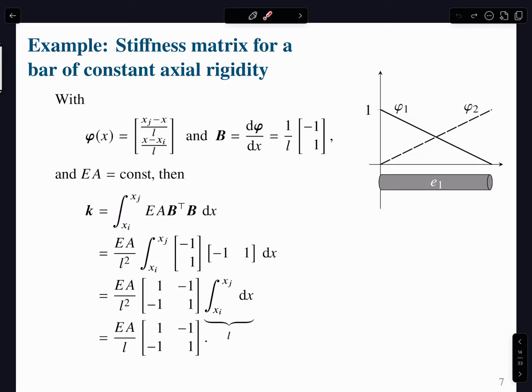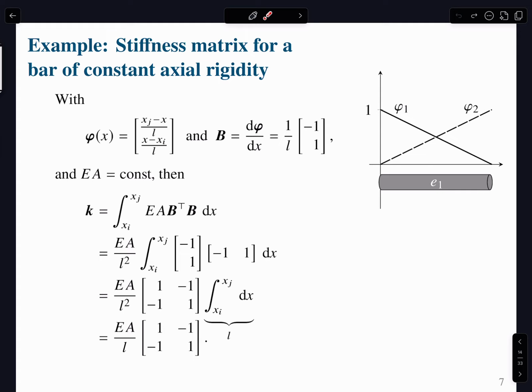A nice thing about being able to visualize this is, of course, I can now plug in anything I want. And I can assume that, for instance, E or A are non-constant. I can also plug in different functions, and then I can see that my stiffness matrix for the local element is going to change. Okay? All right. For this trivial solution, it doesn't actually matter to partition the bar, right?